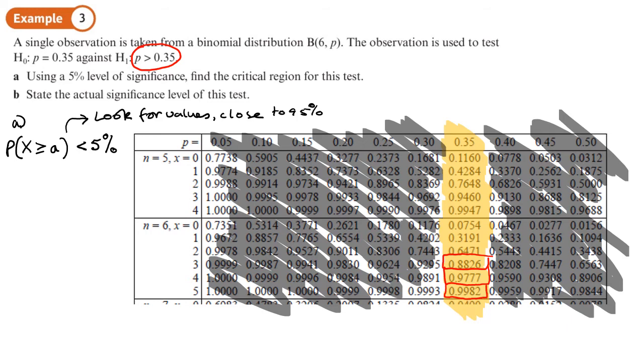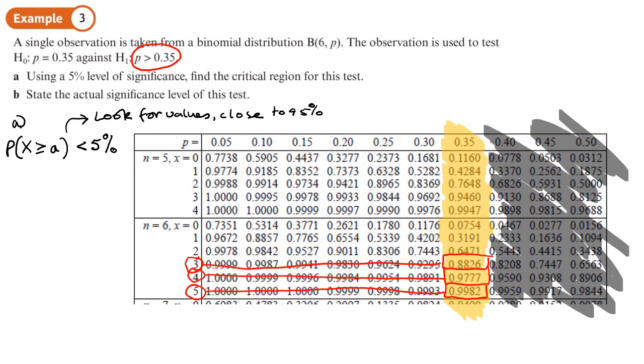Let's write out what they actually mean. That 0.8826 goes with the 3, so that's this one here. This one goes with a 4, and this one goes with a 5. My lines have gone underneath my shading, which isn't great, so let's get rid of that. So the 3, what does that mean? If we read it from the top, that means the probability that x is less than or equal to 3 is 0.8826.